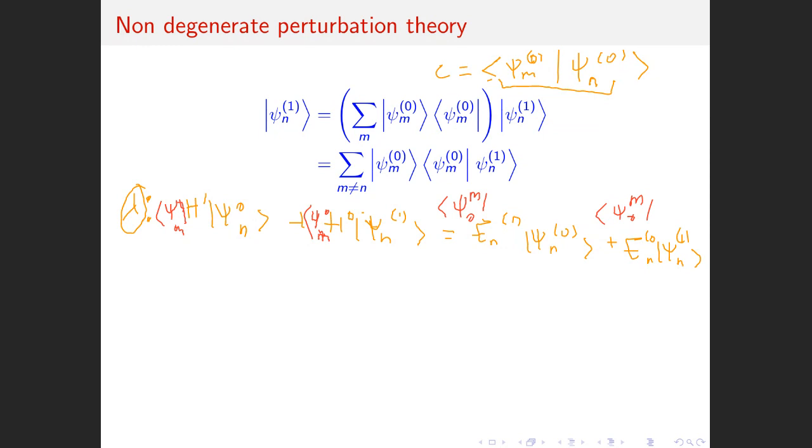H0 will be Hermitian, so it will be acting on there, and this term will give me E_m^0 ⟨psi_m^0|psi_n^1⟩, plus ⟨psi_m^0|H prime|psi_n^0⟩.